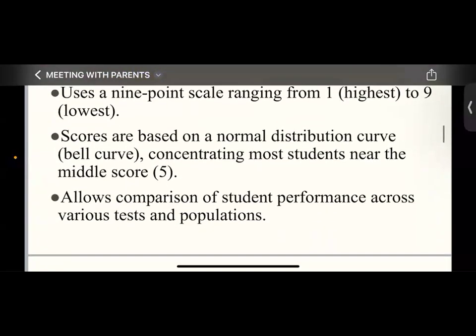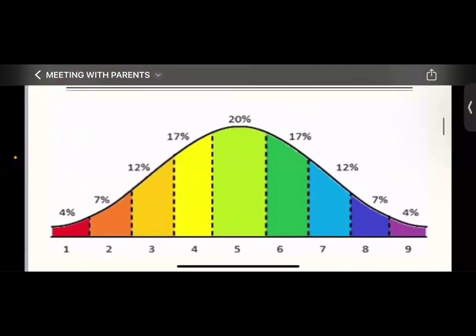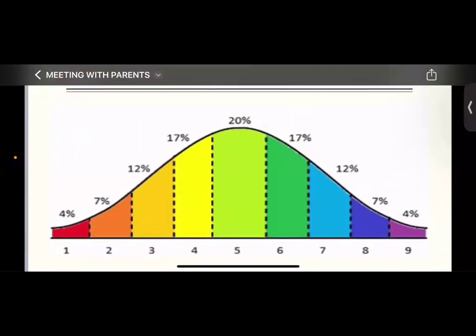Okay. Scores are based on a normal distribution curve, which is called the bell curve, and concentrates most students near the middle score. Now look at it this way. So even before you write the exam, before you write the BECE, the highest percentage are going to fall within grades 4 and 6, because that's where the bell rises.